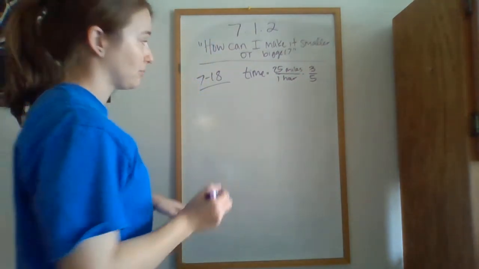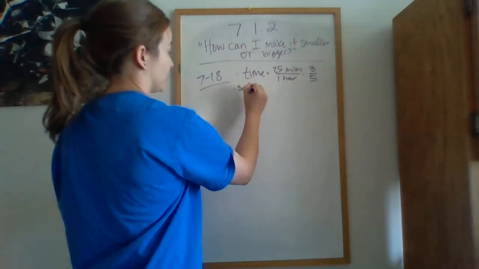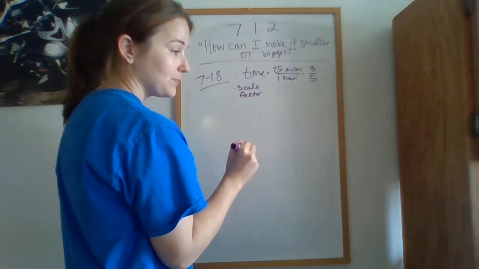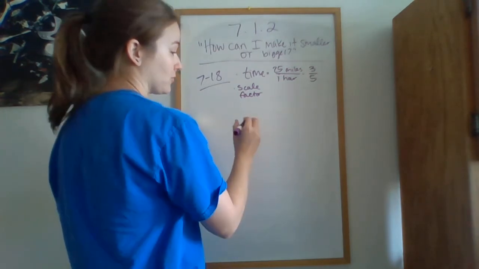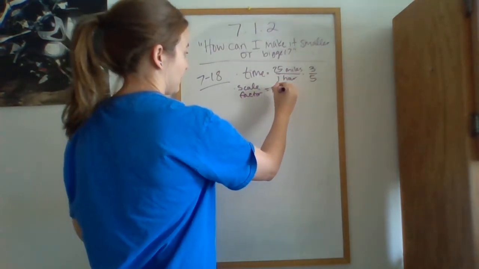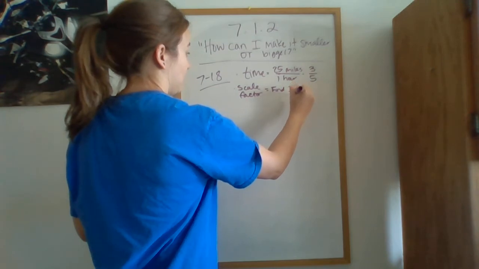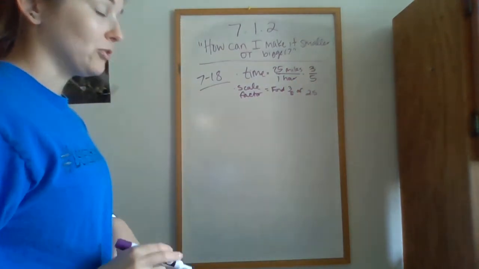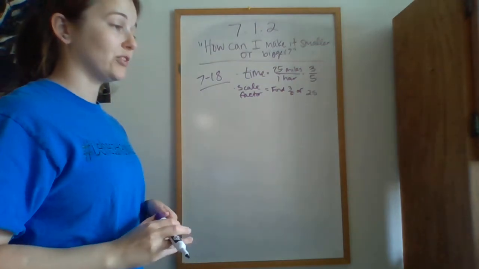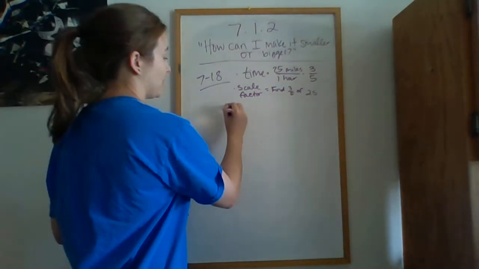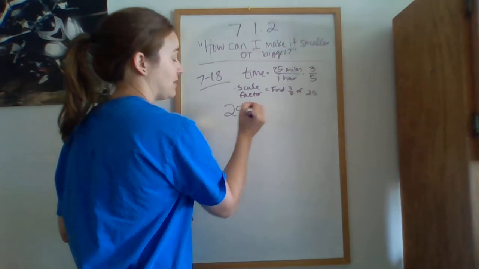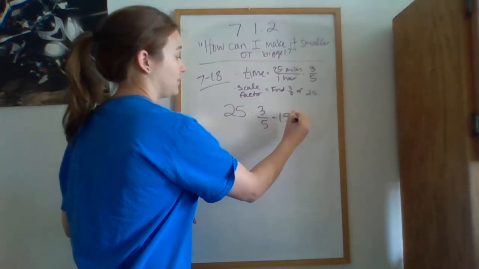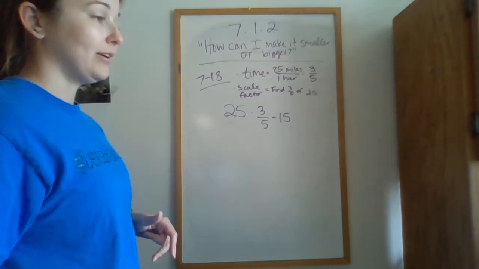And in the second problem, we used it as a scale factor to find 3/5 of 25 miles. Both of these situations resulted in an equivalent calculation. They both ended up 25 times 3/5 equals 15. How else could this be written?